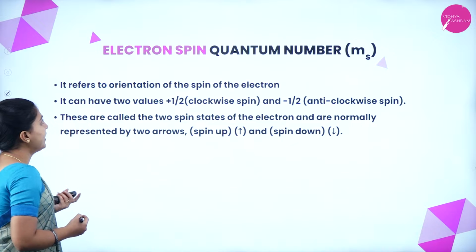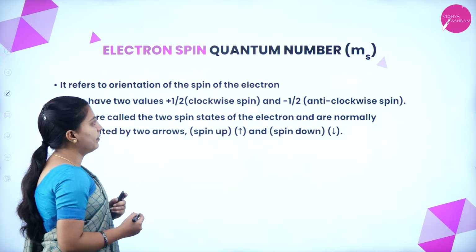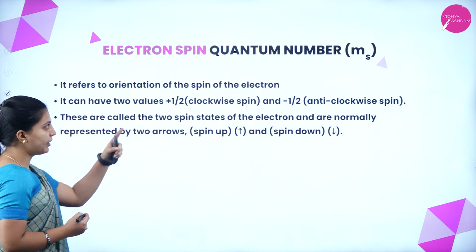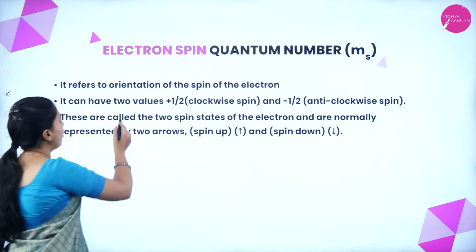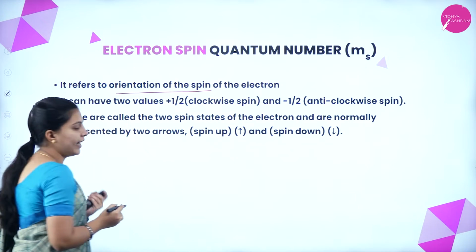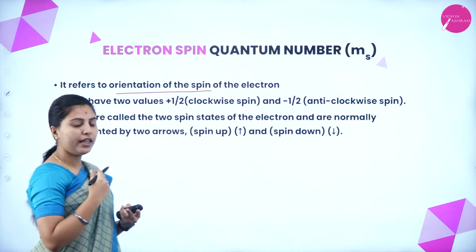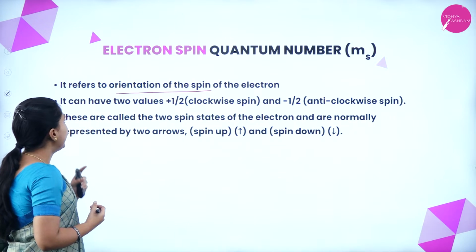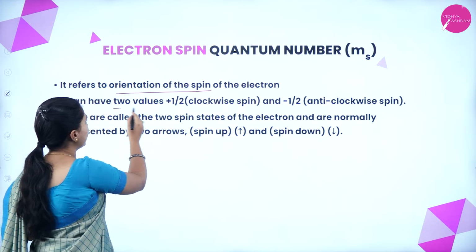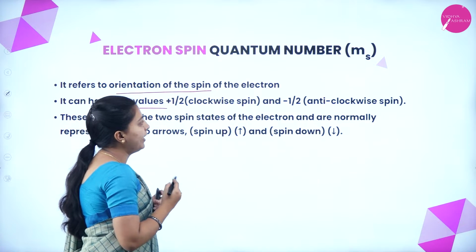Okay. Next, electron spin quantum number. That will be designated by MS. It refers to the orientation of the spin of the electron. How the spin will be oriented for the electron will be shown here. It can have two values, that is plus half and minus half.